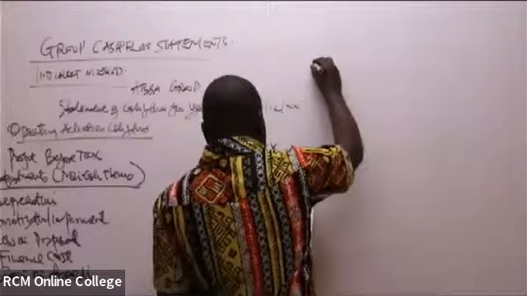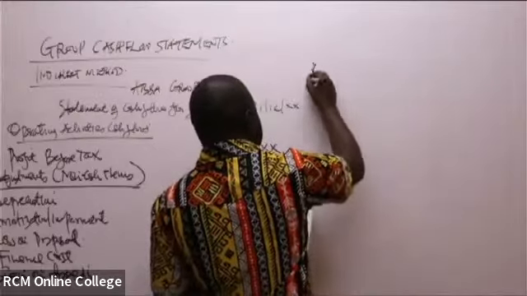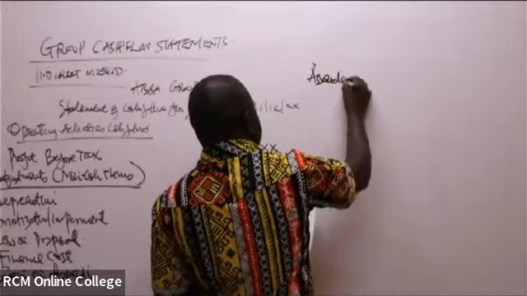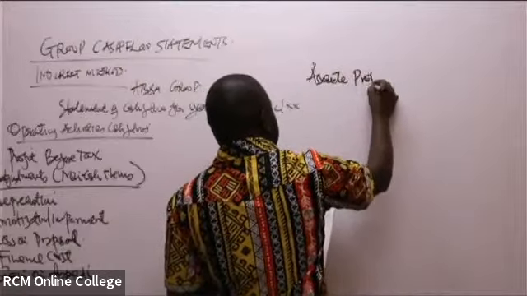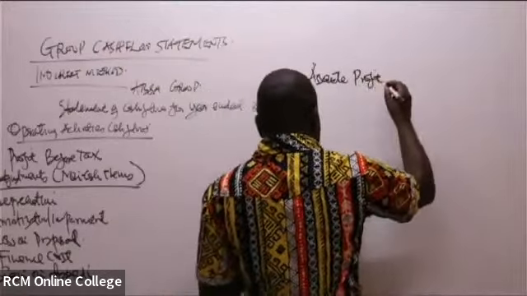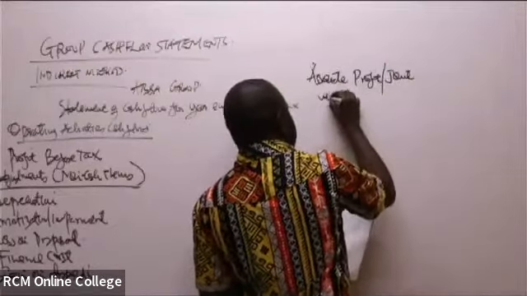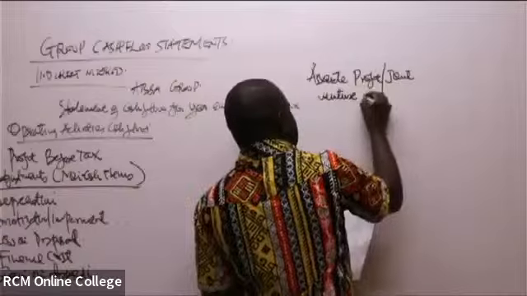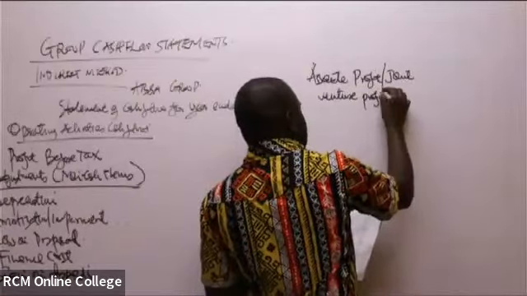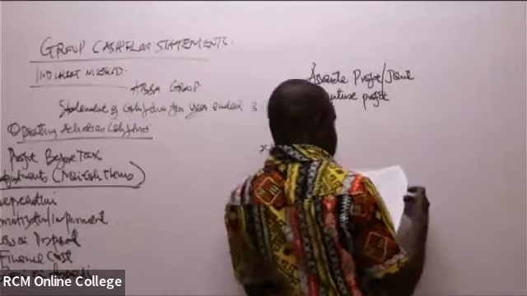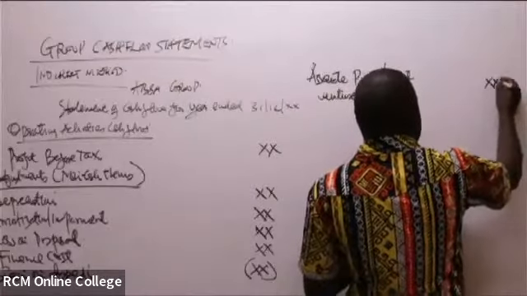You'll say in this case associate profit. Remember, under group we do the associate profit. Associate profits or joint venture profits, you also less.